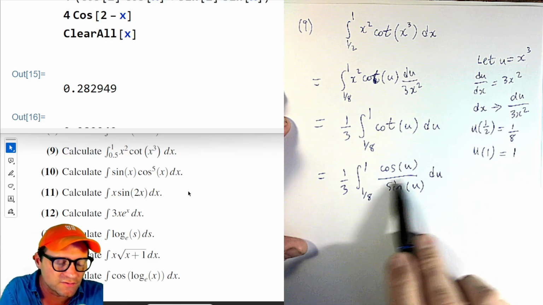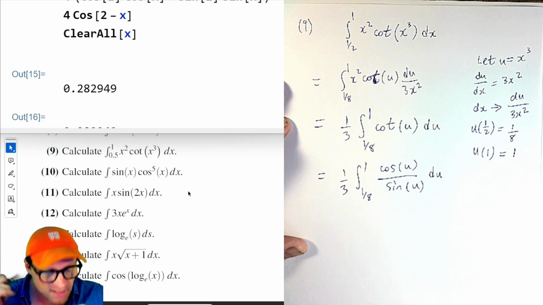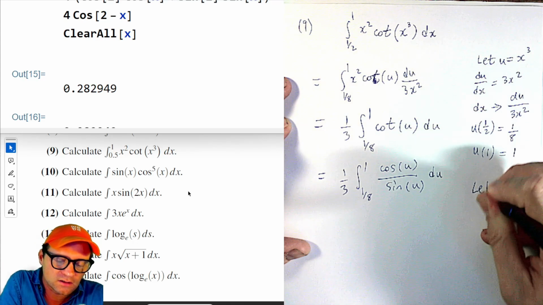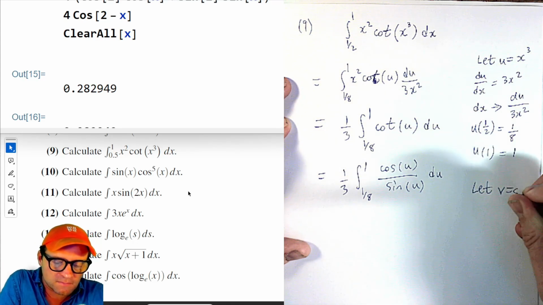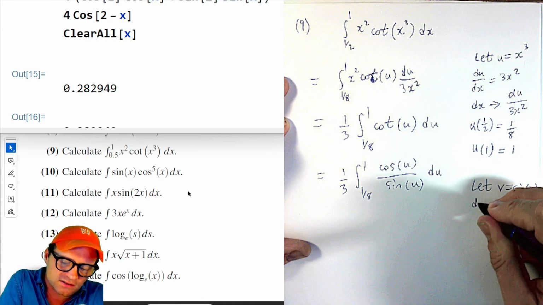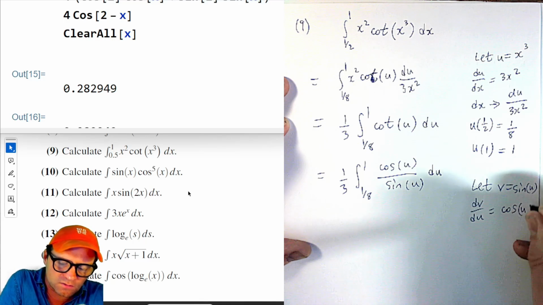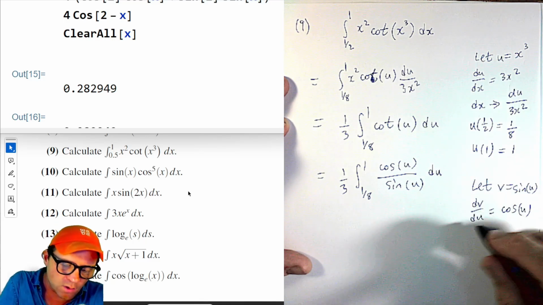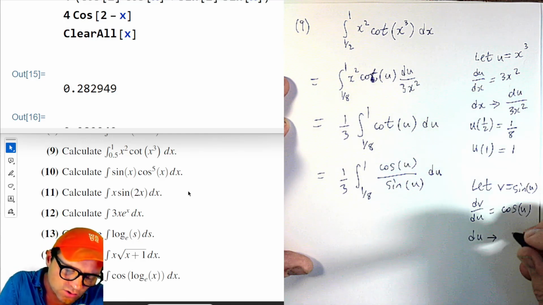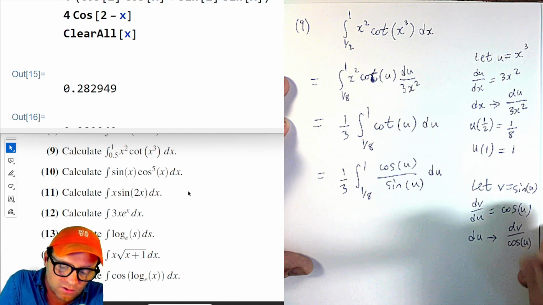Is the derivative of the denominator like the numerator, or a constant multiple of it? And the answer is yes, it is. So let's let v be equal to sine of u. Let's differentiate v. So dv on du is cos of u. Now, our substitution would then be replacing du with dv over cos of u.